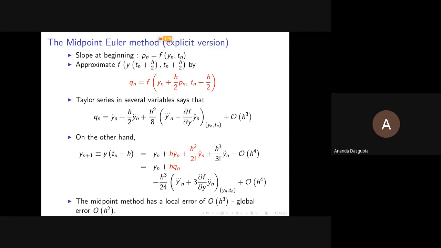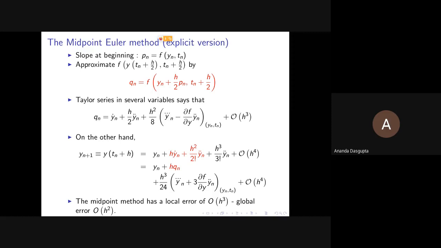So that's why an h cube term is multiplied by 1 by h. Remember, when you say order, you don't care about what's in front. You are just saying, if I change h, how fast is that going to change? So that's always the case. If we manage to get a local error of order h to the 5, which will be our aim, by the way, at least, then the global error would be order h to the 4.